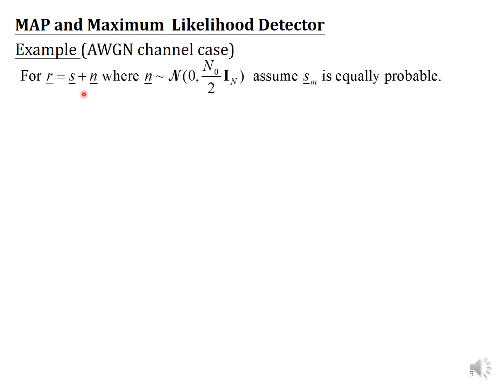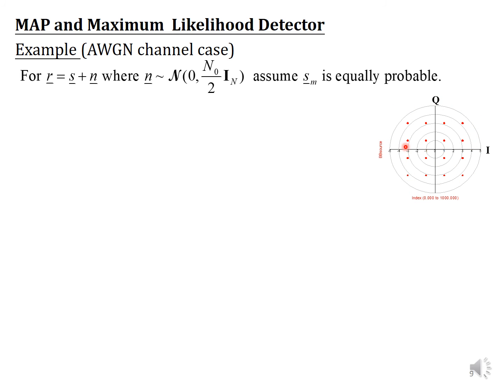Then the received signal R is the signal S plus noise. The noise is Gaussian noise with zero mean and variance of N0/2. And for S, we are assuming the transmitted signal is equally probable.